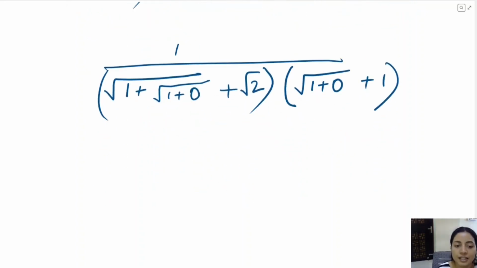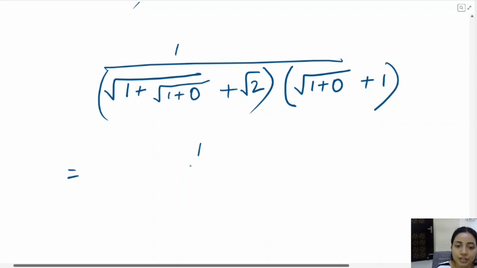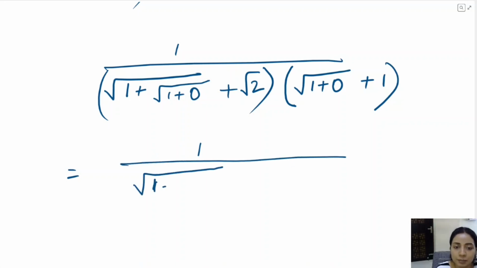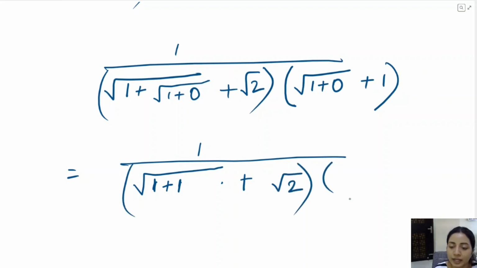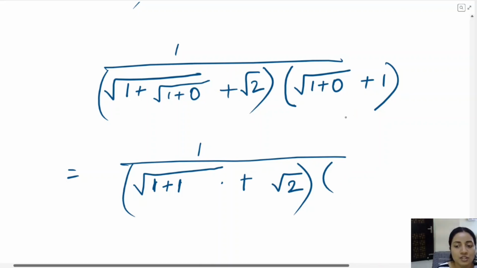If we simplify it further, we are going to have 1 over, a bigger root sign is there, 1 plus root 1 is just 1 only, so we will just take it out, and we are having 1. Okay, 1 plus 1 inside the bigger root, root 2. One more bracket is there, and in that bracket again root 1 plus 0 means root 1, that means just 1.